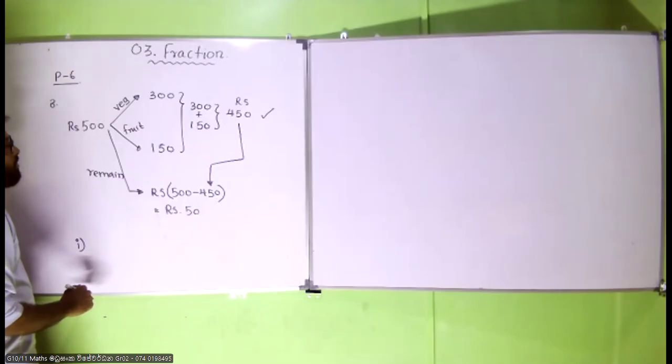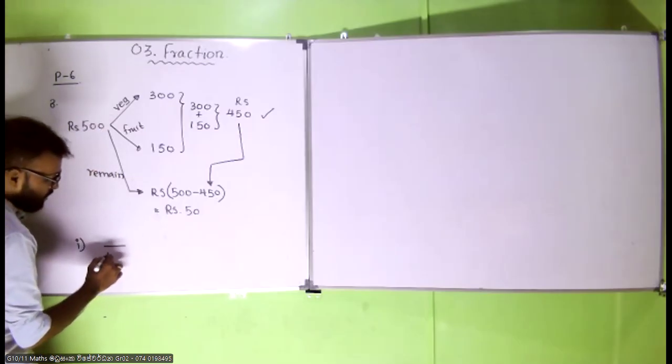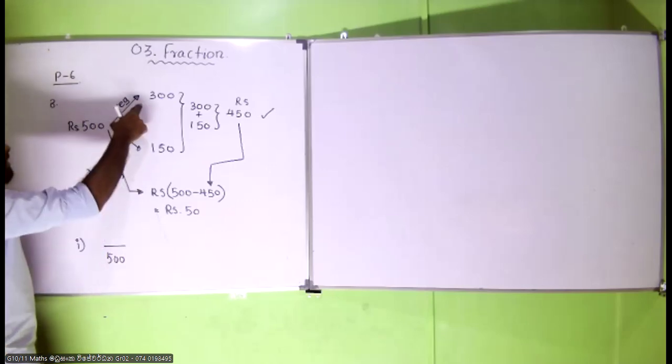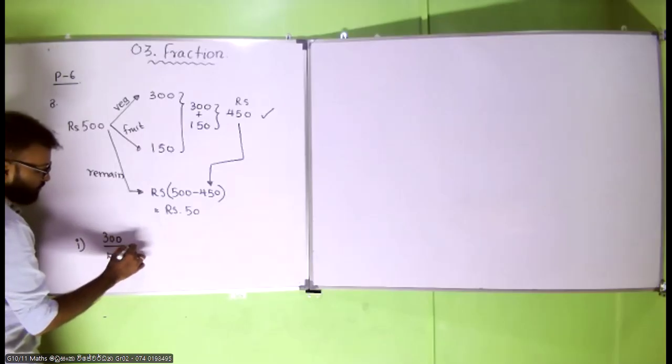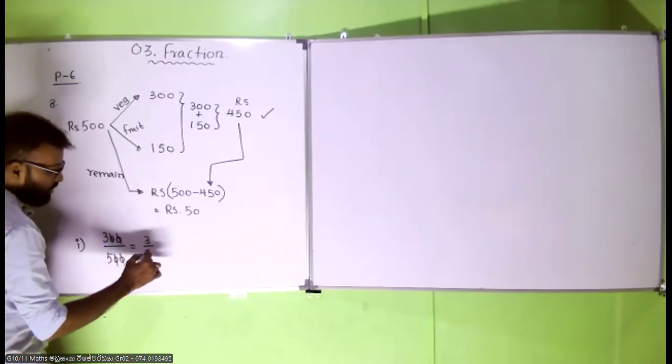Totally she had 500 rupees. It should come to the denominator. Numerator should be the money spent on vegetable, which is 300. Simplify. 0 to 0, 0 to 0. 3 upon 5. This is the fraction.